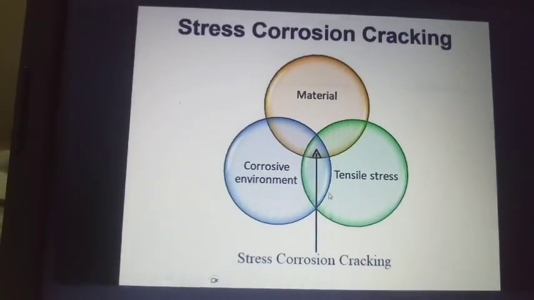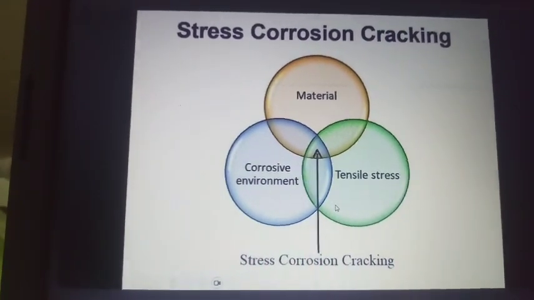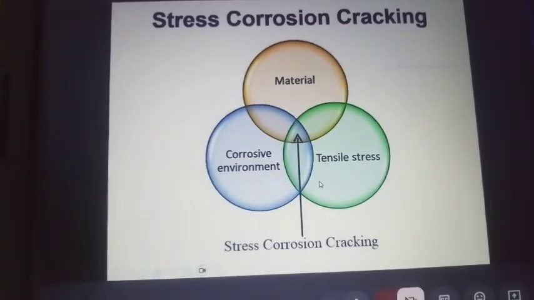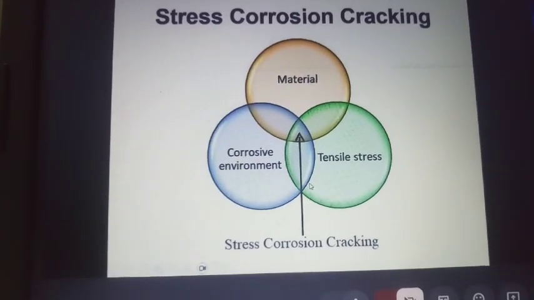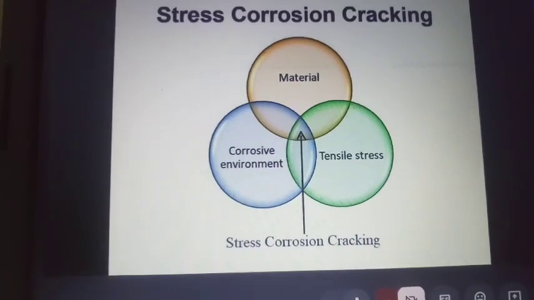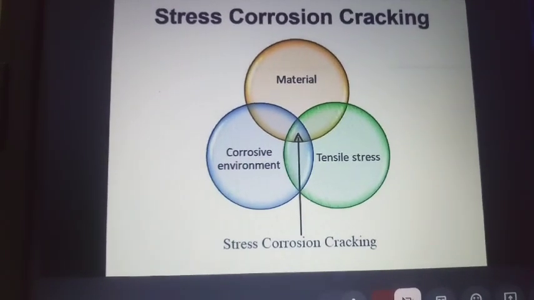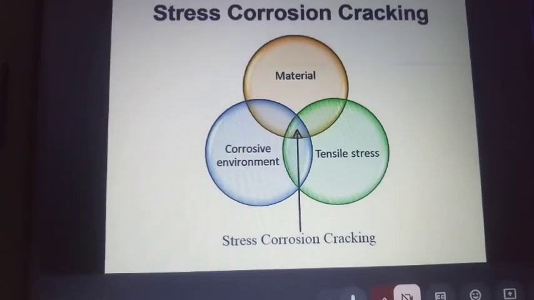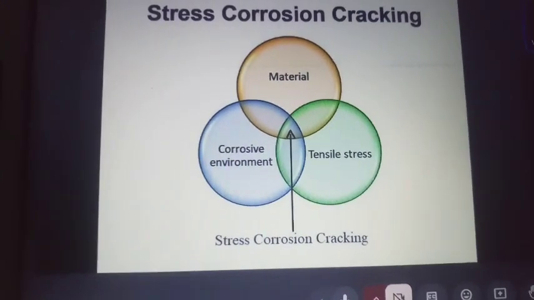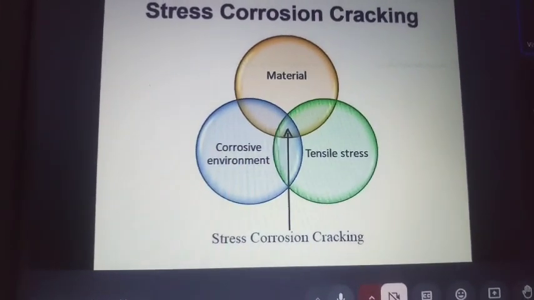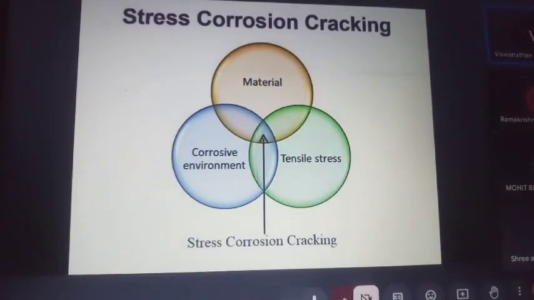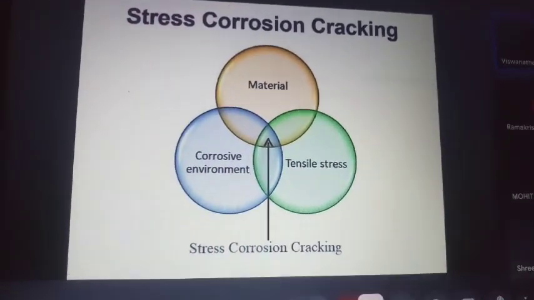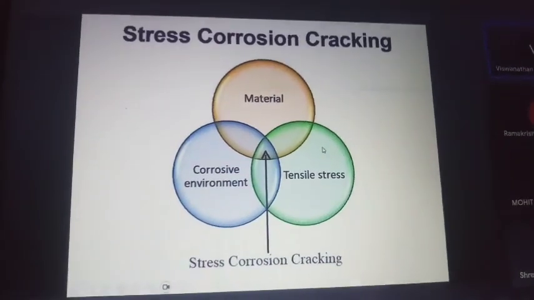Normal atmospheric storage tanks which don't have any pressure and which don't have any stress except weld residual stresses, if they don't have any stresses, then they don't undergo SCC. For SCC, you need to have stress, applied stress or residual stress.